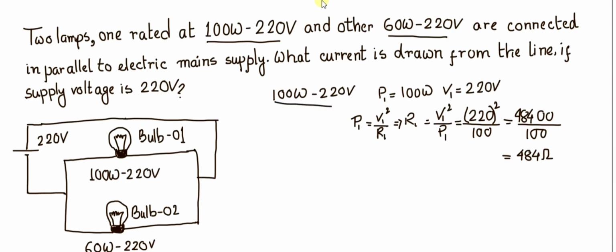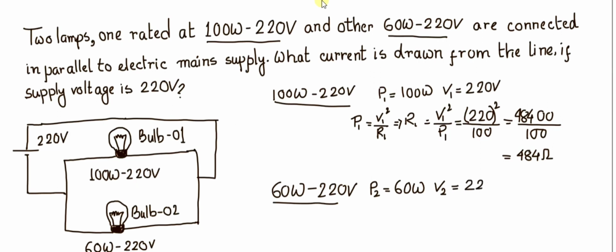And the other, 60 watt 220 volt bulb, is considered as bulb 2. So here the power P2 is 60 watt, and the voltage V2 is obviously the same, 220 volt.